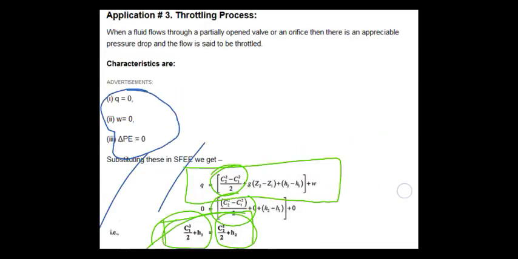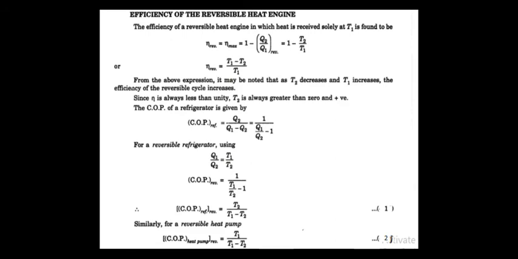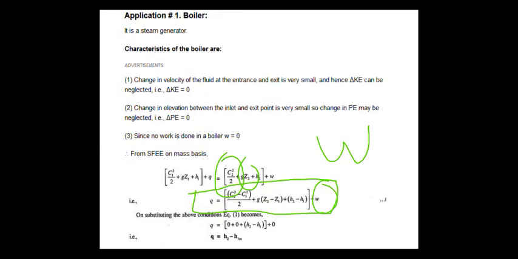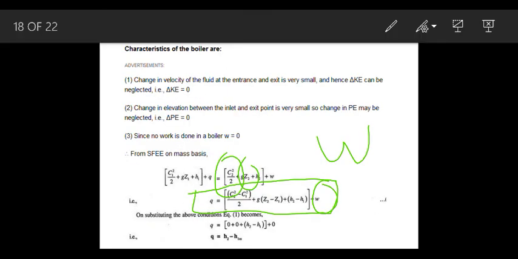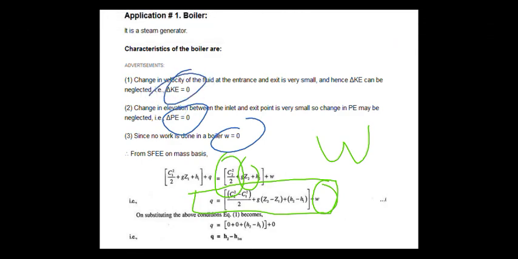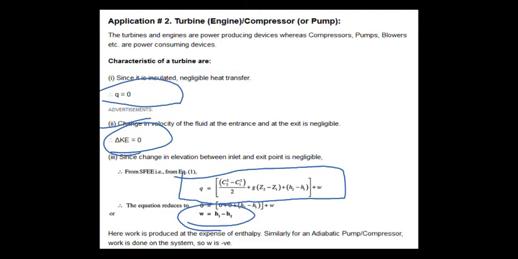So let's take a quick revision of what we have discussed up till now. For the boiler, we are taking kinetic energy 0, potential energy 0, and work done also 0. In the same way for the turbines, only kinetic energy is considered as 0.